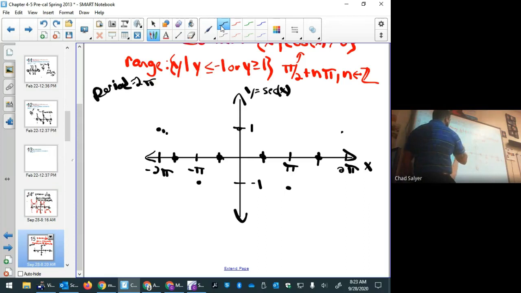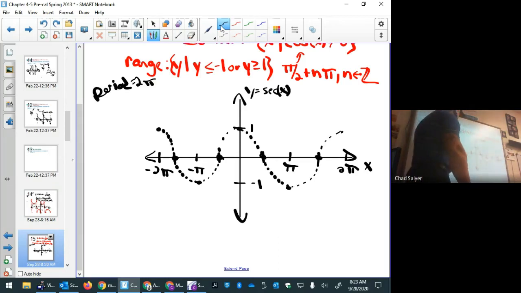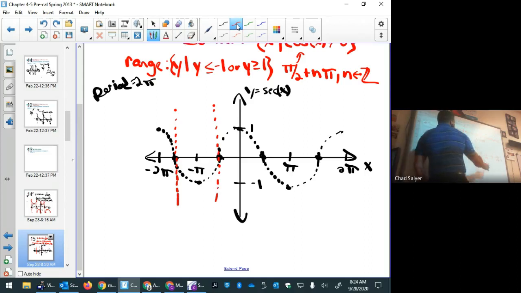So let's dot it in here. There's the cosine of x. And the same as before, all the zeros are going to be vertical asymptotes, or VAs.